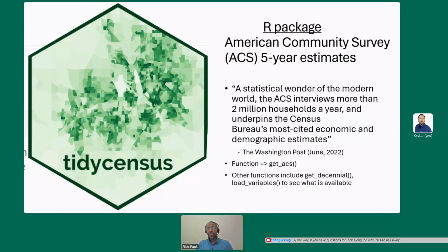I have this quote on the screen. I think there's value in understanding that the American Community Survey is produced every year and it has 5-year estimates that it is statistically producing.